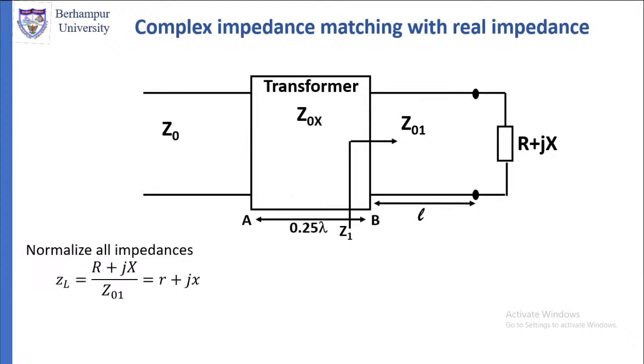Then once we represent an impedance or an admittance, how to find the VSWR, the reflection coefficient, the point from the load where the voltage will be maximum on the line, and the distance from the load where the voltage will be minimum on the line. All those things we discussed, how to find using the Smith chart.